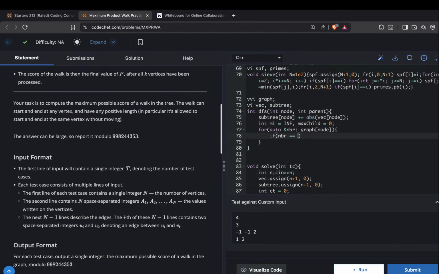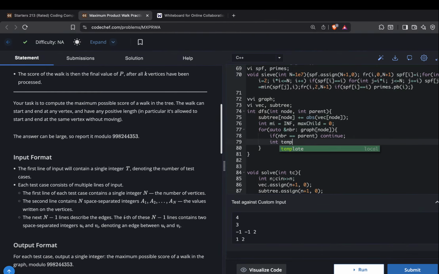Now if neighbor equals parent, continue. For the rest, calculate the minimum answer we could get from this particular child.